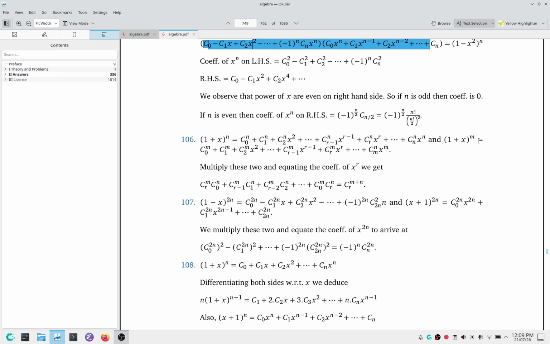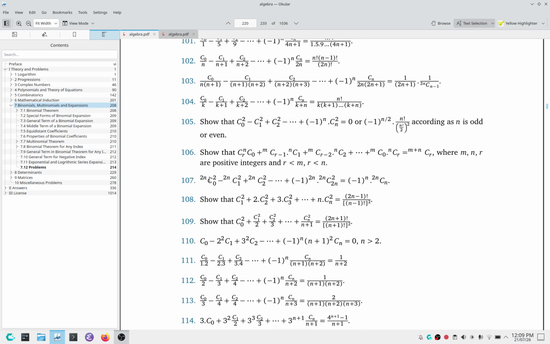And (1 + x)^m is mC0 + mC1 x + mC2 x^2, and so on, mC(r-1) x^(r-1) + mCr x^r, and so on up to mCm x^m. We multiply both and equate the coefficient of x^r. We get mCr nC0 + mC(r-1) nC1 + mC(r-2) nC2, and so on up to mC0 nCr is equal to (m+n)Cr.